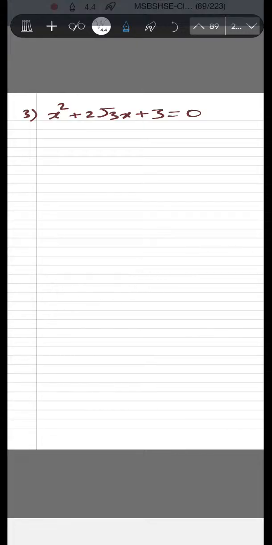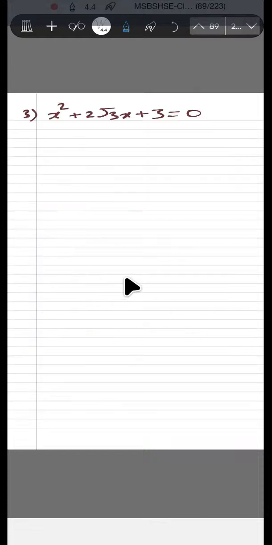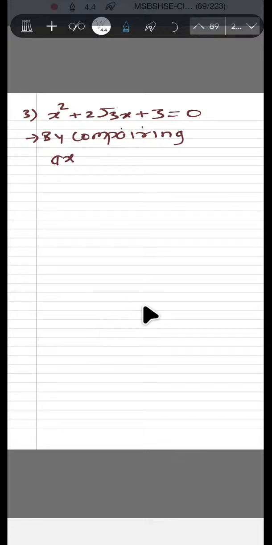What is the first step they have said here? Compare the equation with the standard equation and find the values of a, b, c. So you have to write first: by comparing to the standard equation ax square plus bx plus c is equal to 0.